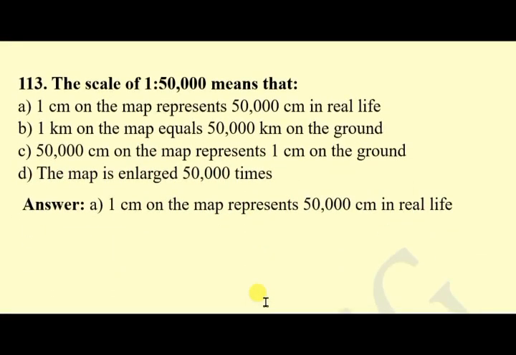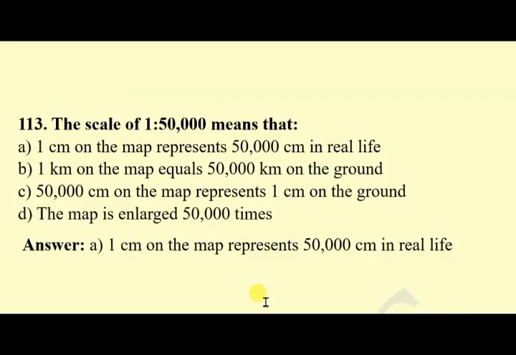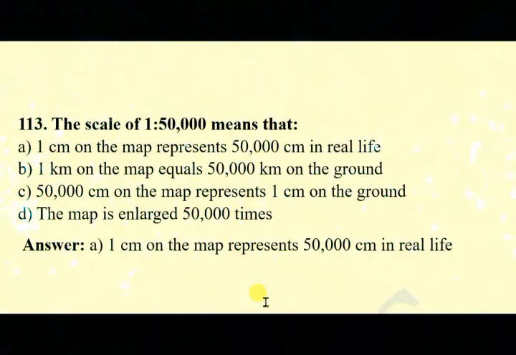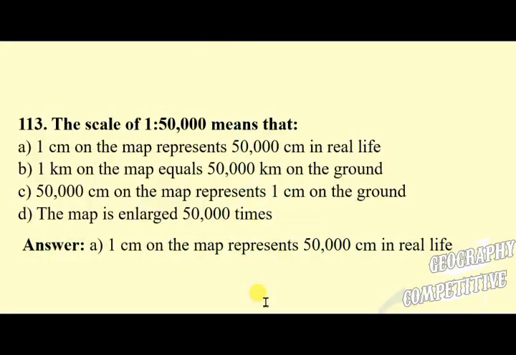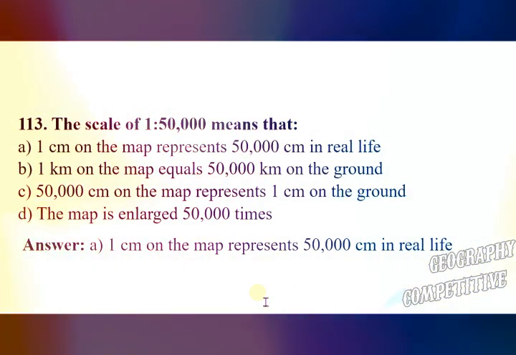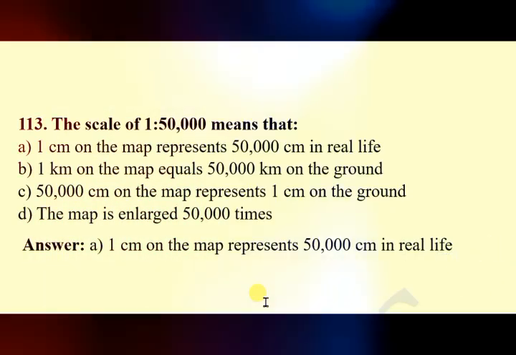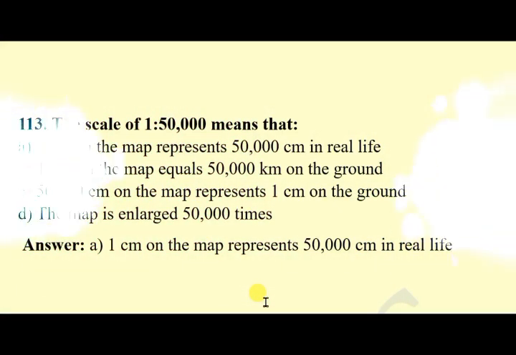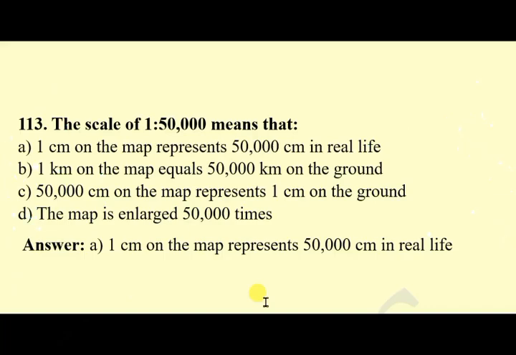Question 113. The scale of 1:50,000 means that 1 centimeter on the map represents 50,000 centimeters in real life, 1 kilometer on the map equals 50,000 kilometers on the ground, 50,000 centimeters on the map represents 1 centimeter on the ground, the map is enlarged 50,000 times.